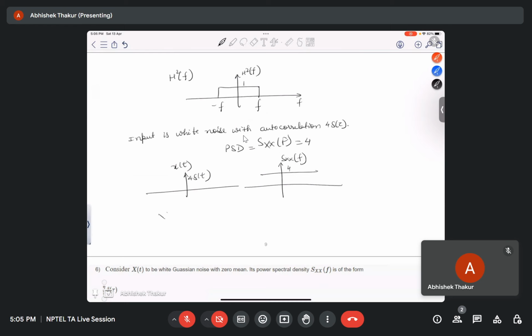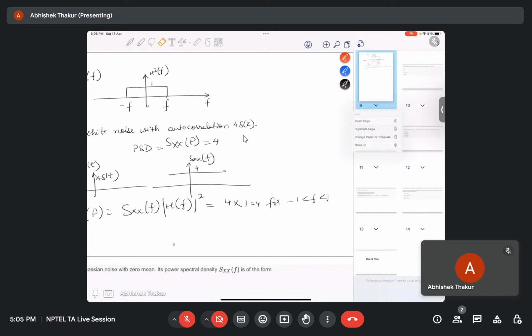So now this value will be 4 into H(f), which is 1, for frequency -1 to 1. So this will be equal to 4. For the final value, we'll take another page.